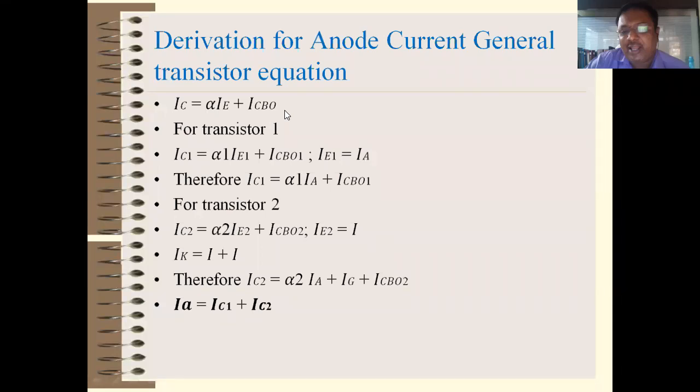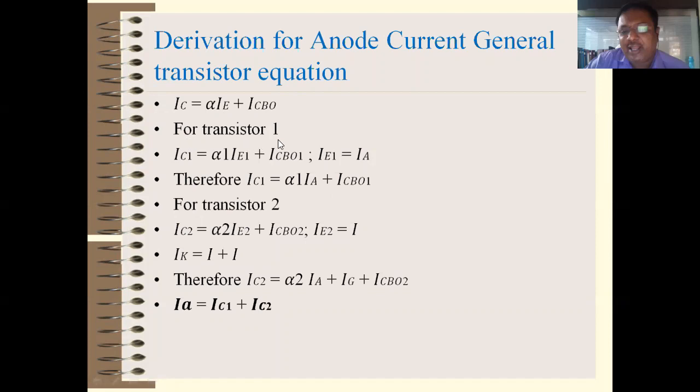So any collector current is the current due to injected electrons plus the current due to minority charge carriers. That is called ICBO, right? So IC equal to alpha IE plus ICBO.